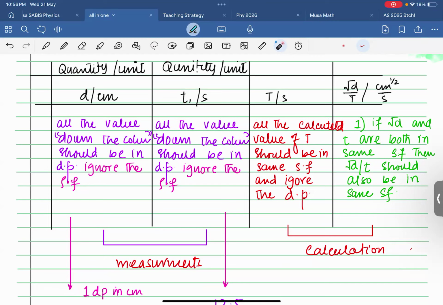But the problematic part is when you have one value in a higher significant figure and the other value in a lower significant figure.